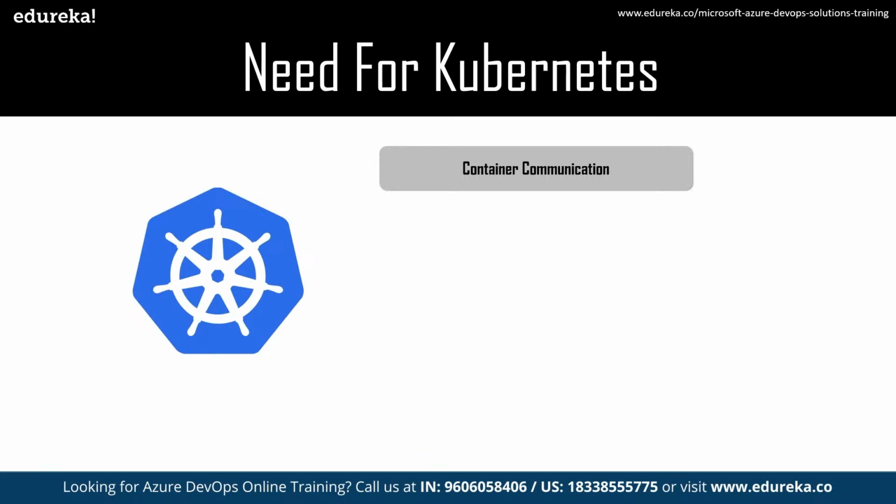Docker lets you set up containers and work with containers. Kubernetes lets you manage these containers, be it your Docker containers or other kinds of containers as well. So that is what Kubernetes does for you.